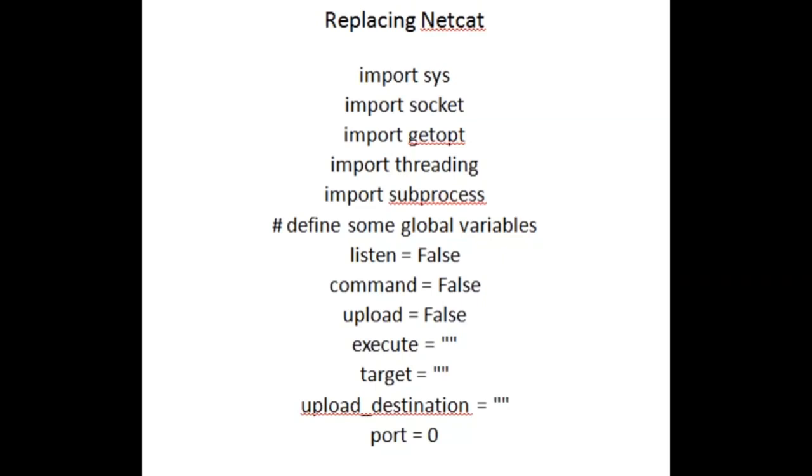As noted, if you plan on sending data interactively, you need to send a CTRL-D to bypass the STDIN read. The final piece is where we detect that we are to set up a listening socket and process further commands: upload a file, execute a command, start a command shell.